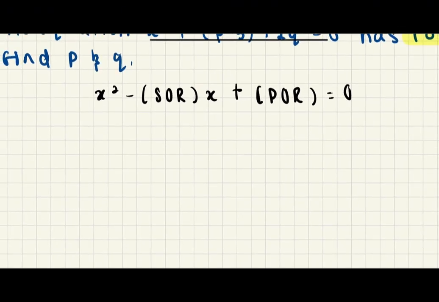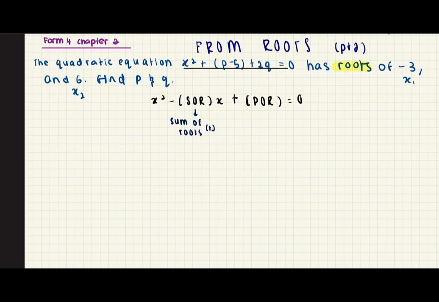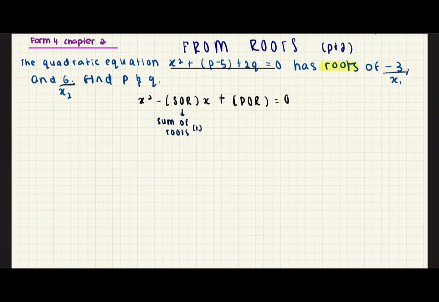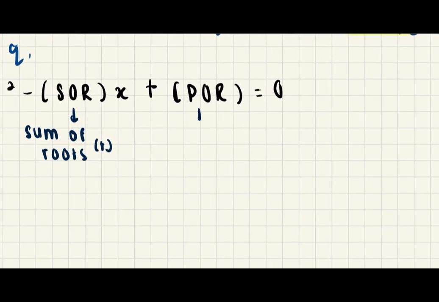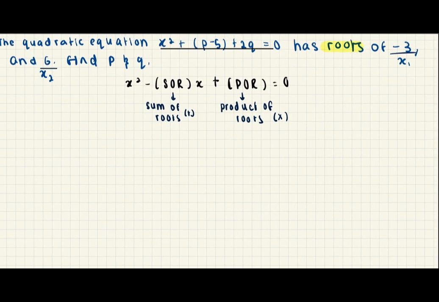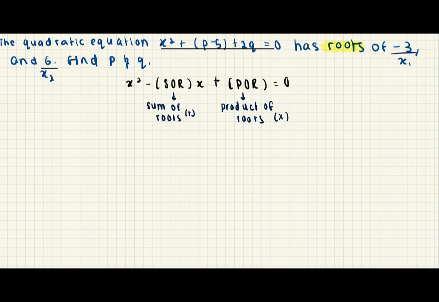SOR means sum of roots. What is sum? It's when you add both of these roots together. What about POR? POR is product of roots. What is product? Aren't they the same thing? No. Product means when you multiply. Okay? Please keep that in mind.